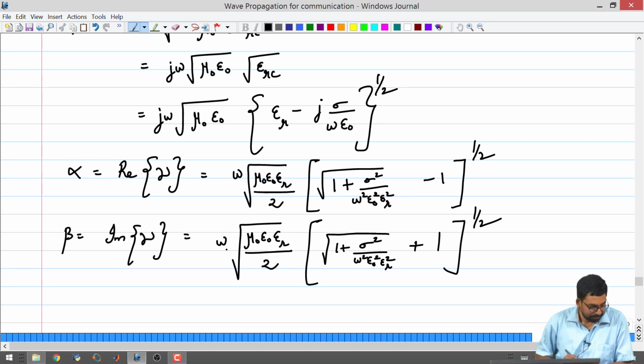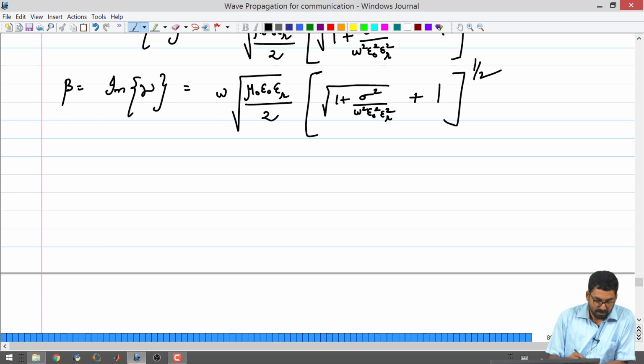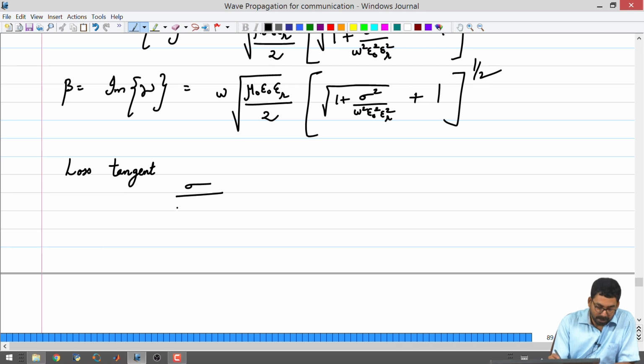So, there is only one more term that people often use, which is known as loss tangent. It is usually given by sigma divided by omega epsilon naught epsilon r.